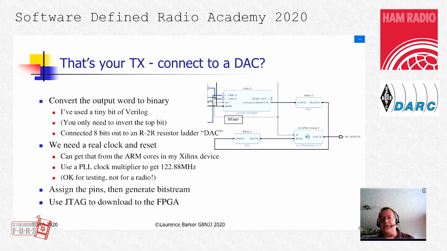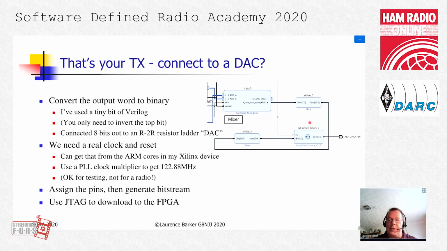The last thing that we need to do now is connect that to a real D to A converter. I've used a tiny bit of Verilog here to convert to offset binary format from 2's complement. All you really need to do is invert the top bit. But to invert the top bit, you'd have to rip out the top bit and the remaining 15 bits, invert that bit, then combine them together, and you end up with a bit of a mess in the IP integrator.